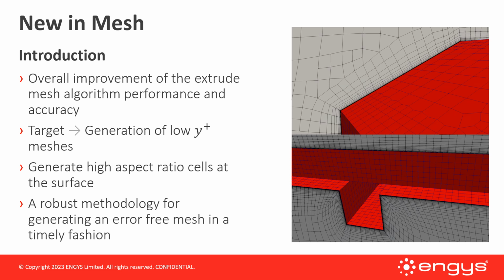These low Y+ meshes are crucial in accurately resolving boundary layer effects in CFD simulations. To achieve this, we focused on generating high aspect ratio cells at the surface, which allows for better resolution of the flow near the walls. This improvement leads to more accurate simulations, especially for complex engineering applications.